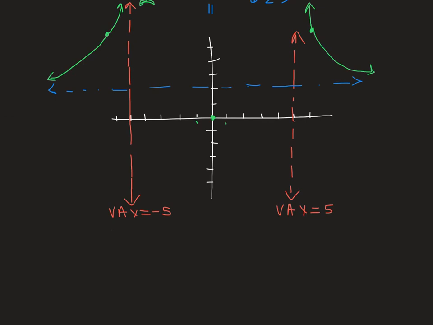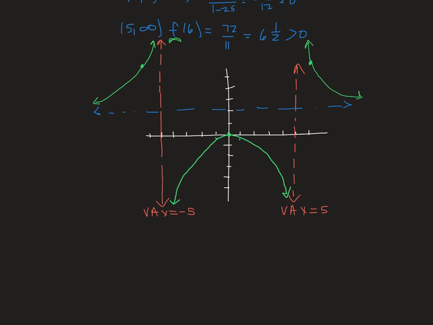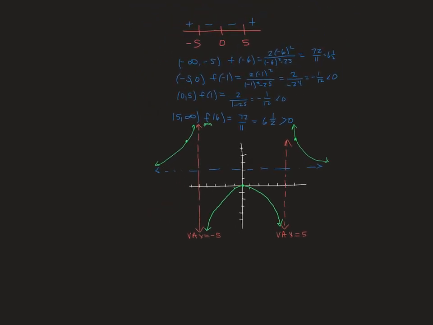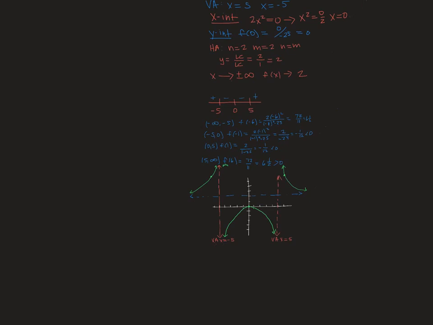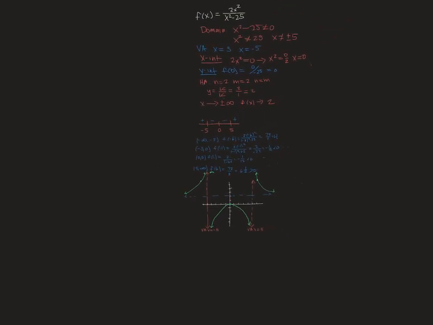So we're going to connect these points, and then as we get closer to that vertical asymptote from the right, we're going to approach that vertical asymptote, and as we approach x equals 5, we're going to approach that vertical asymptote and go to negative infinity. All right, so there is everything we need to know about that rational function graphed for us.